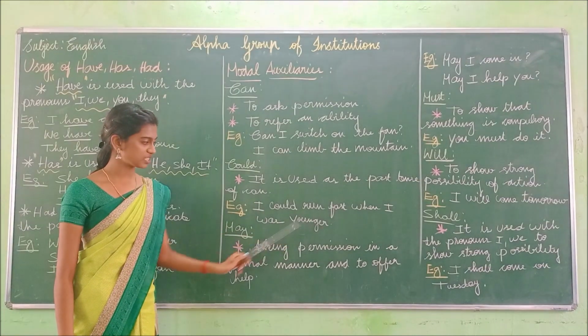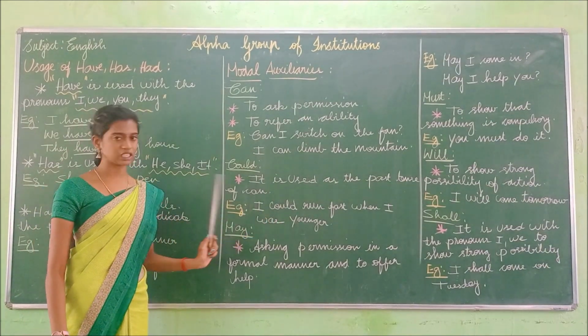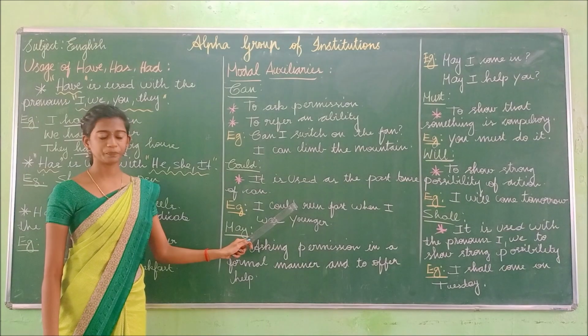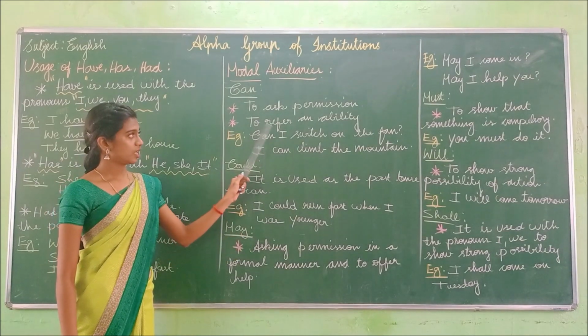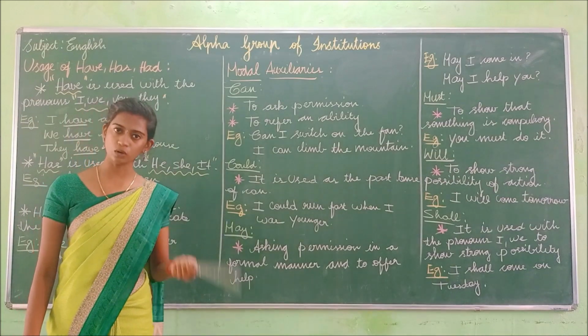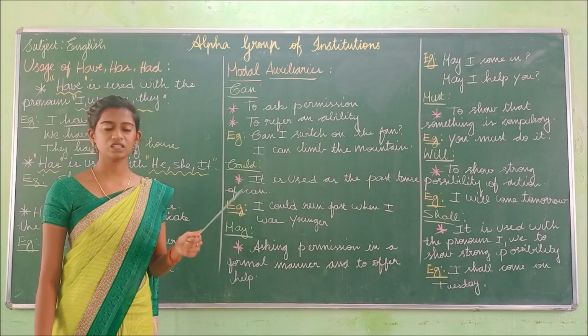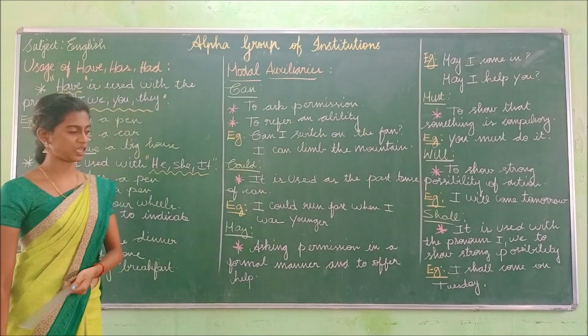This could is used as the past tense of can. It also mentions the ability of a person, that he was able to run fast when he was younger.